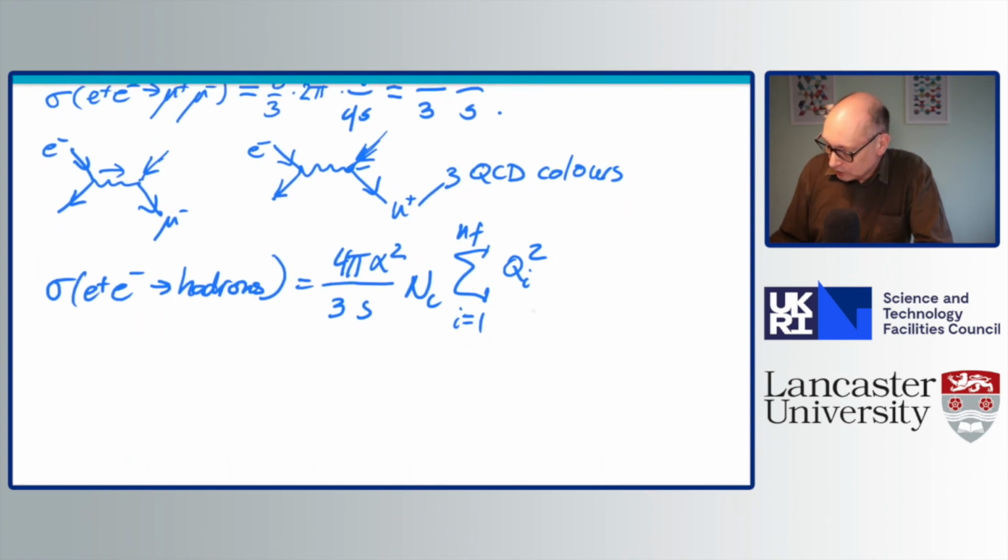So for example, 2/3 for up and 1/3 for down type. Now this is of course all done at tree level, and there will be higher order corrections.